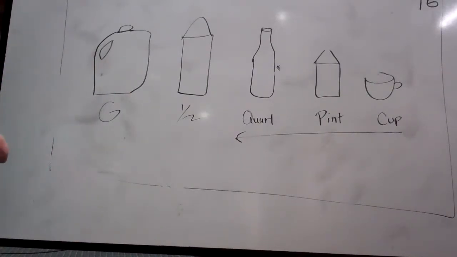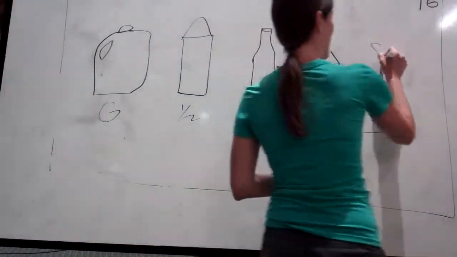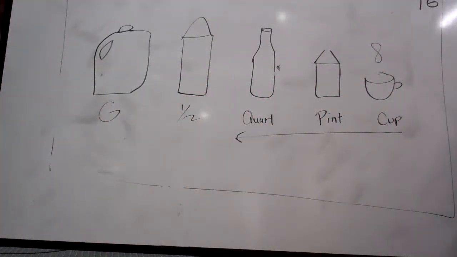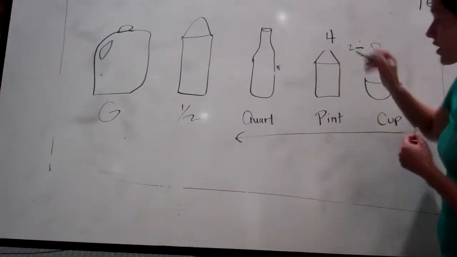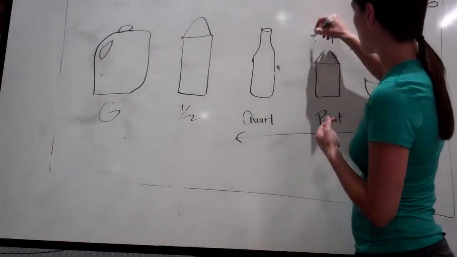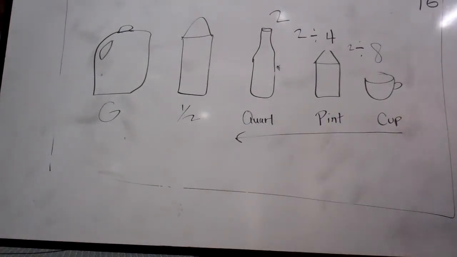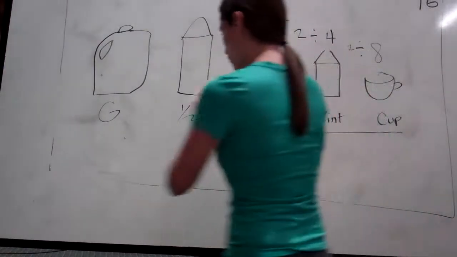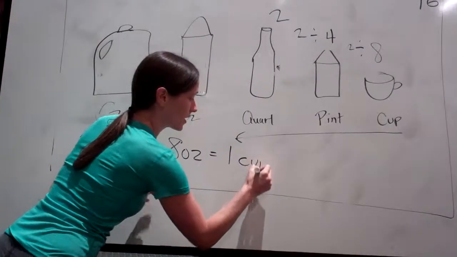Divide by 2. Okay, so kind of. I see what you're saying. So if I have 8 cups, and I take half, then I would get 4 cups, which is a pint, and then 2 quarts. Before we start, what I want you to know is 8 ounces equals 1 cup.